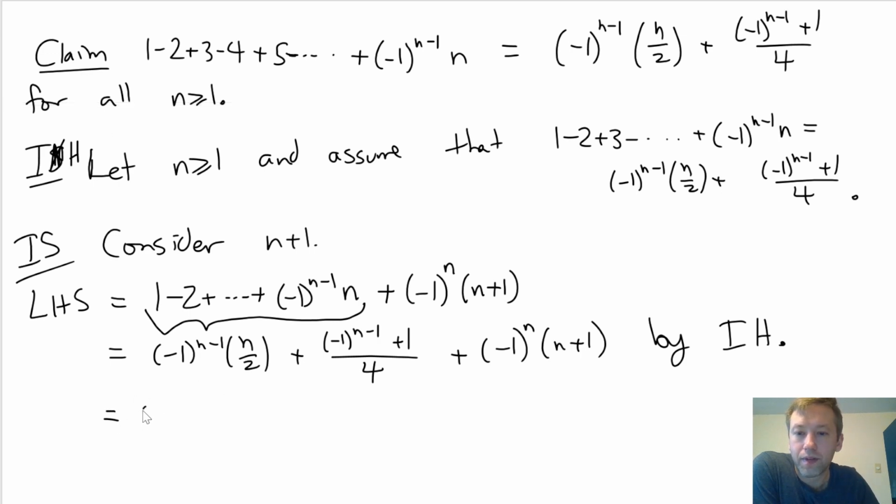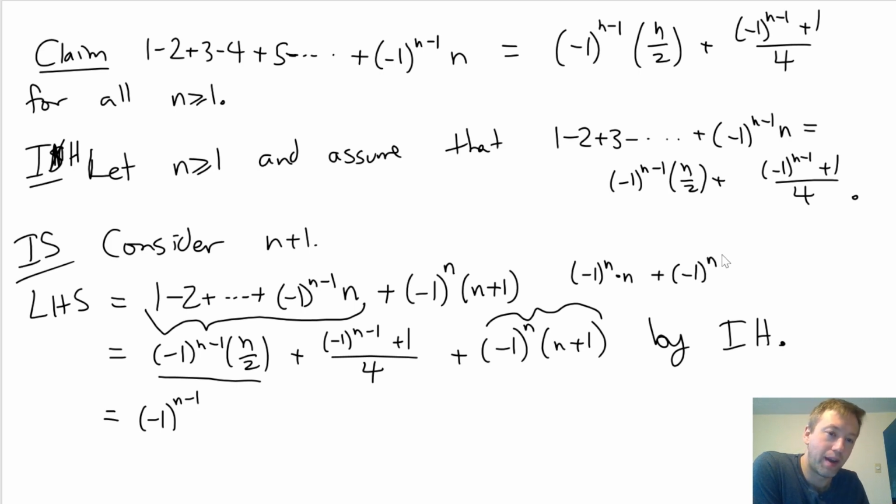I'm going to keep this thing here, and I'm going to break this up. So this thing here can be broken up into negative 1 to the n times n plus negative 1 to the n, right? And I'm going to take this negative 1 to the n times n and combine it with this thing here. Try to stay with me here.